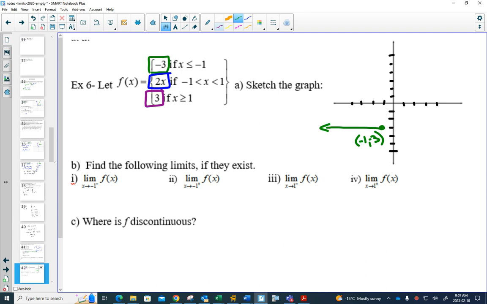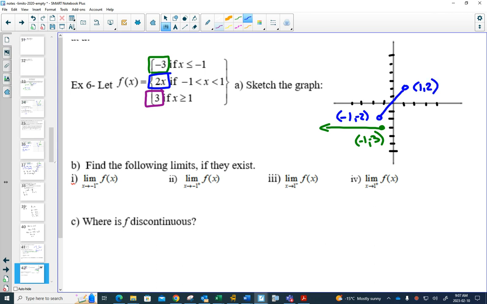2x is a straight line, with a y-intercept of 0 and a slope of 2. So I draw some points on there. And I would have an open circle at (-1, -2), and an open circle at (1, 2).